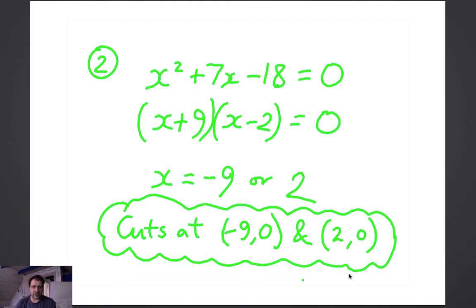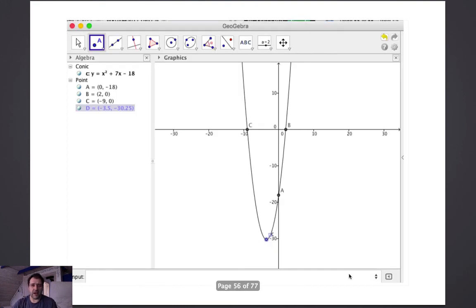And then question 2 was to factorize it. And when you factorized it and put it equal to 0, you got x equals minus 9 or 2. So that tells you that the graph will cut the horizontal axis at minus 9 and 2. So that's telling us all sorts of things about the graph.